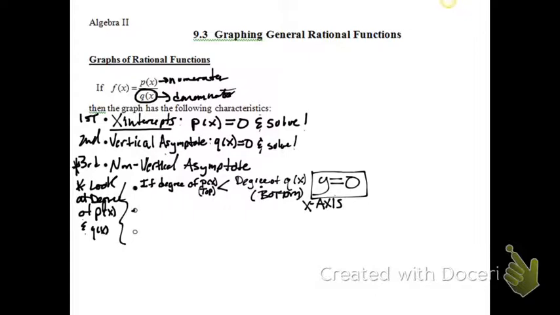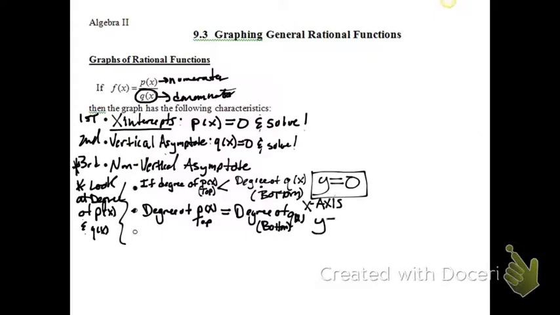That's the one I like doing the most. Now, a little bit trickier, but not much, is what if the degree of p of x, of course that's the top, equals the degree of q of x. In this case, the degree of the top and the degree of the bottom are exactly the same. The highest exponent is the same in both. That means you're still going to have a horizontal asymptote.